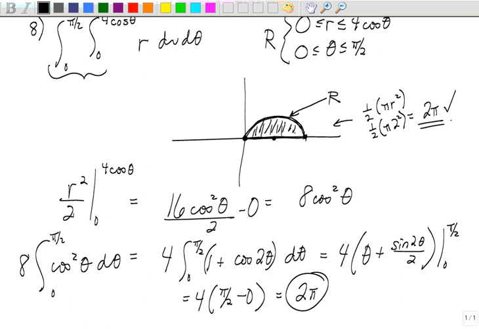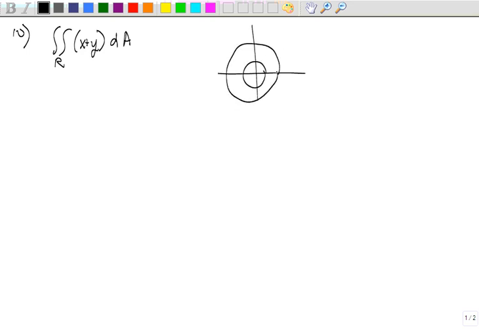Okay, in 10, the region lies to the left of the y-axis, and the radius is between 1 and 2. So r is between 1 and 2 for my region, and theta is between pi over 2 and 3 pi over 2.